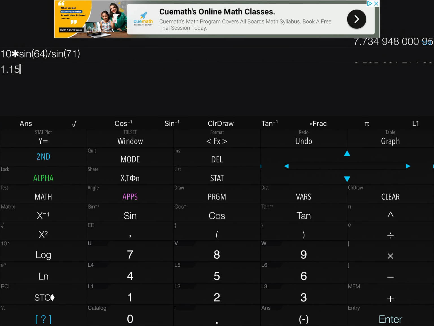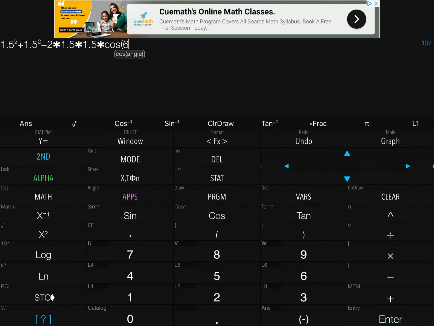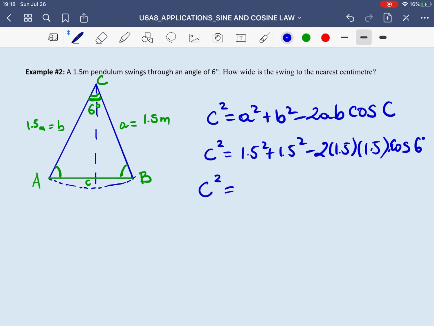I'm going to clear everything actually. So 1.5 squared plus 1.5 squared minus 2 times 1.5 times 1.5 and then times cosine of 6. And you enter and we get this funny looking number, 0.02465.